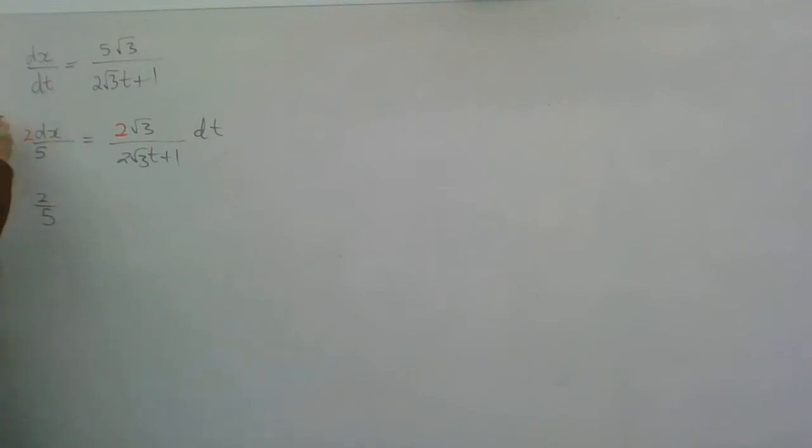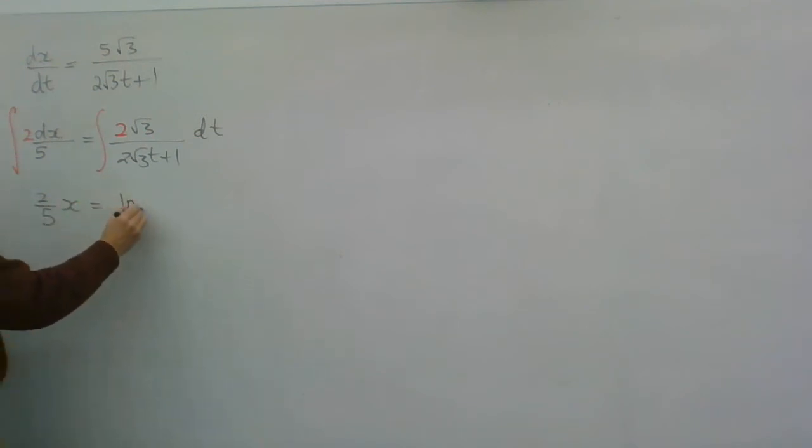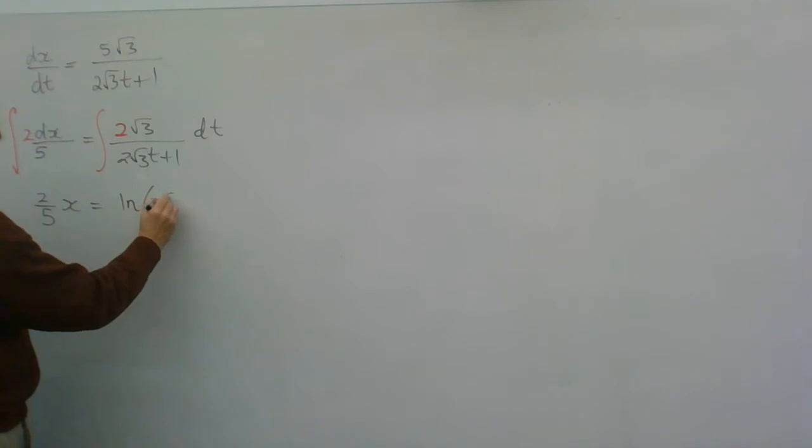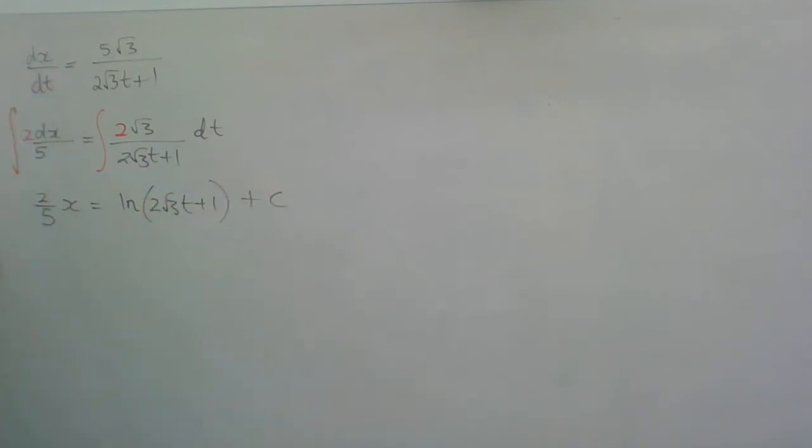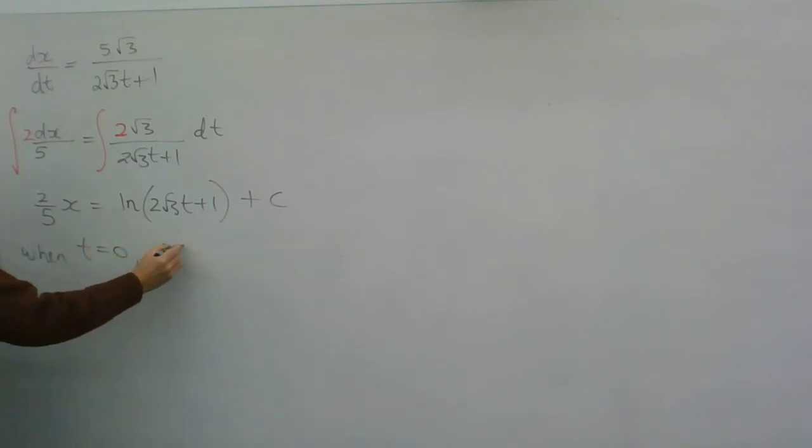If I integrate both sides, I get 2/5 of x equals natural log of 2 root 3 t plus 1 plus c. When t equals 0, x equals 0.